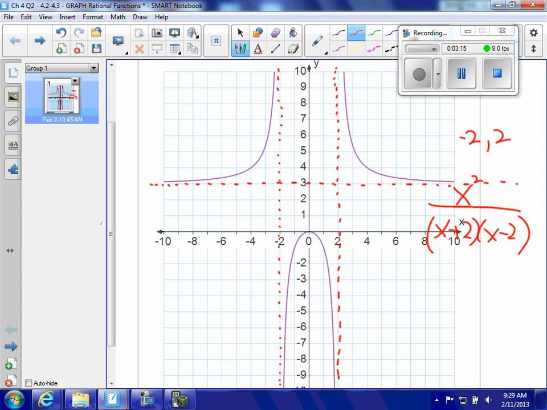But the horizontal asymptote isn't at 1, which would be the case with just plain old x squared over x squared minus 4. My horizontal asymptote is at 3. So I know that it's 3x squared over (x plus 2)(x minus 2).